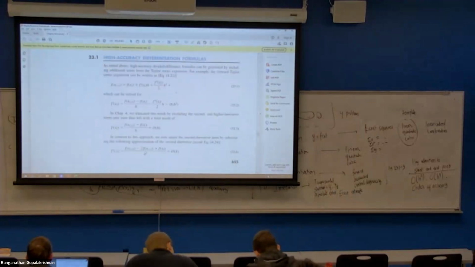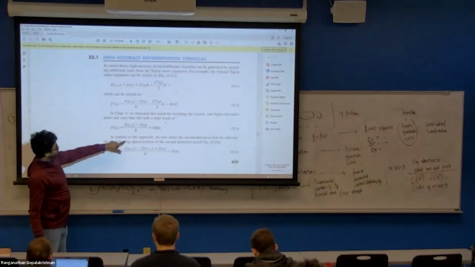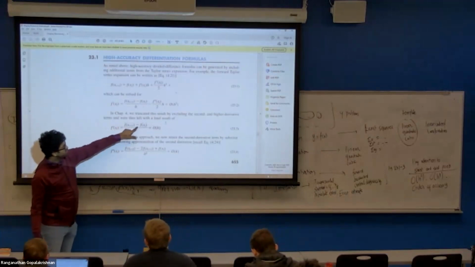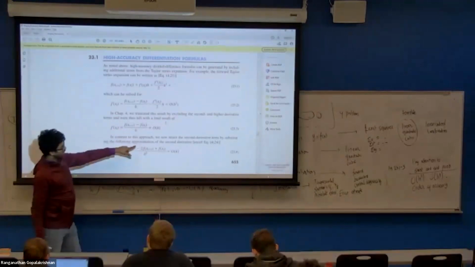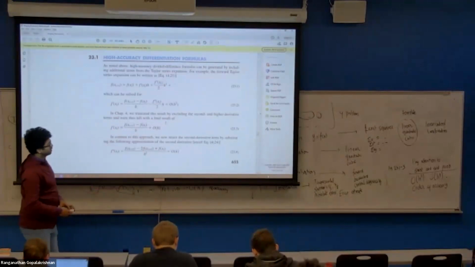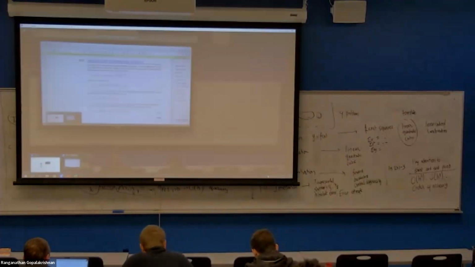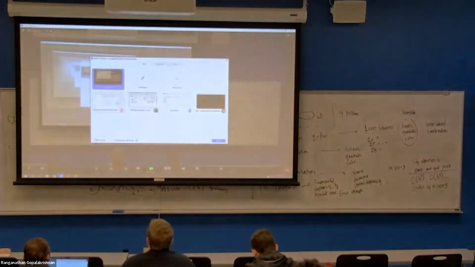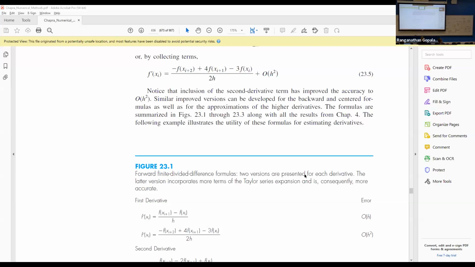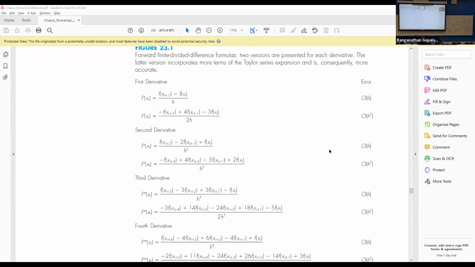So this is exactly what I just showed. The first derivative is the difference between the two y values divided by h plus the order of the error. So if you go to the table, the error is specified on the right here.